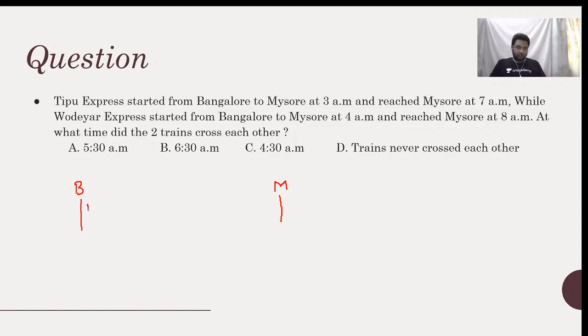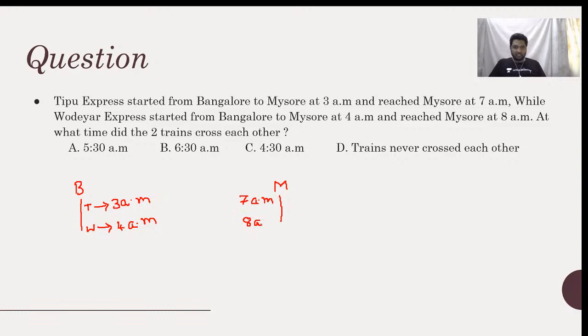Tippu Express starts at 3 a.m. and reaches at 7 a.m. While Wodeyar Express started from Bangalore to Mysore at 4 a.m. and reaches Mysore at 8 a.m.